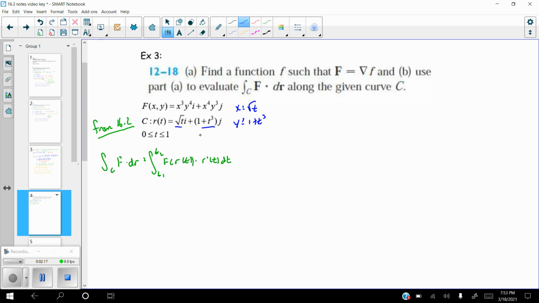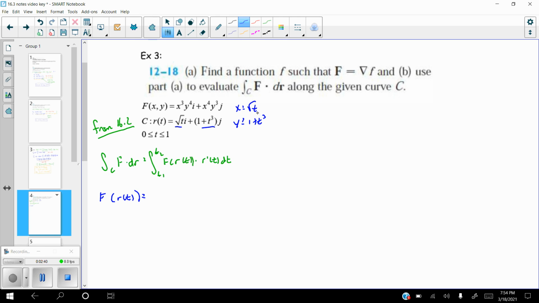I'm not going to write the r of t part down there. So we need to do F of r of t, which means we have to evaluate our function at r of t. Oops, capital F. This is where it's going to get confusing. I've got to keep the capital and lowercase f's straight here.